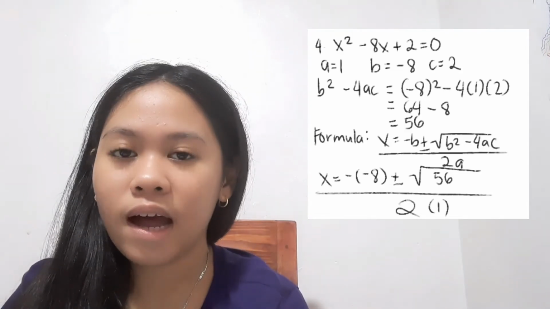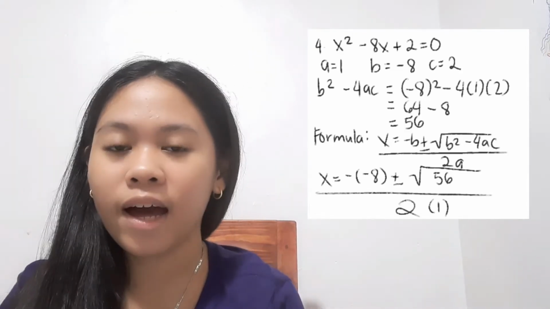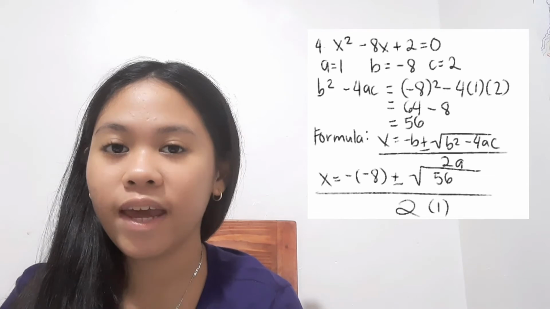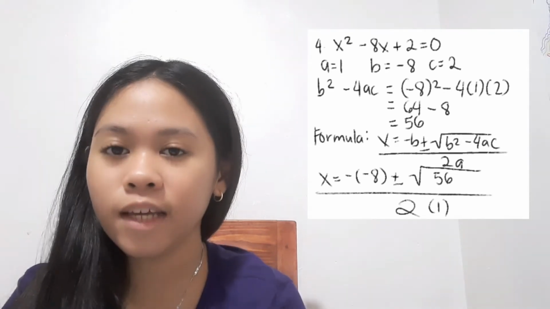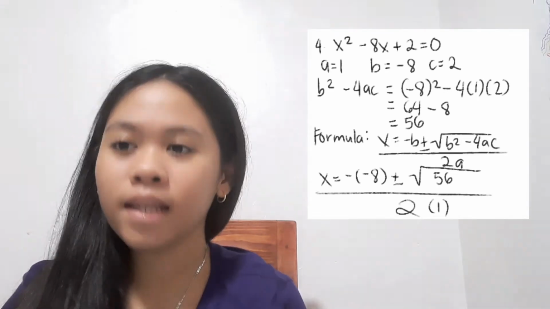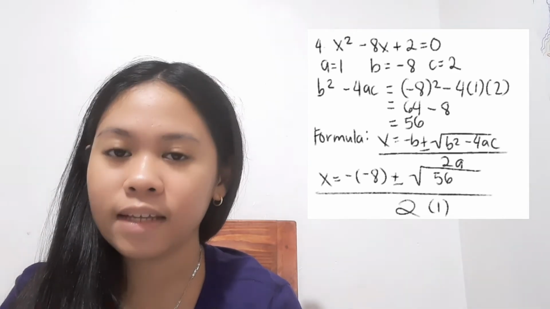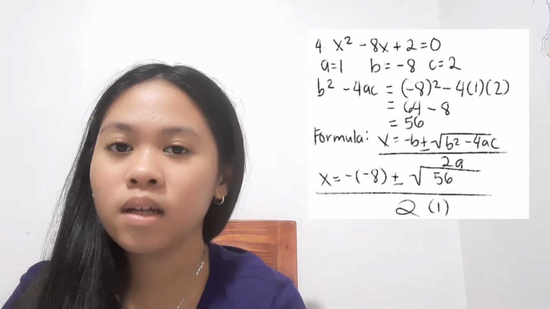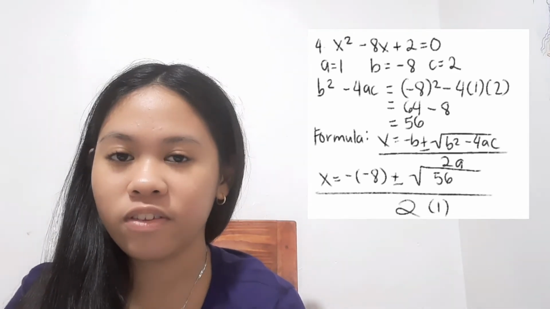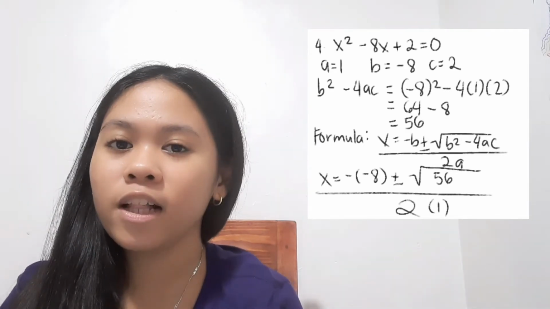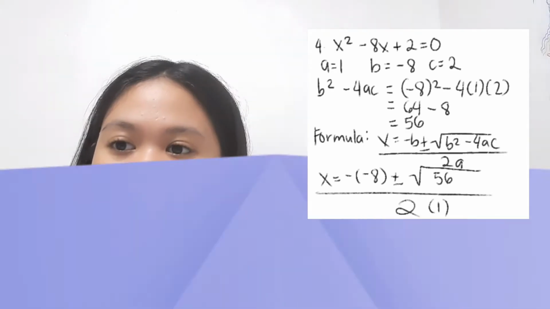And now for our other problem, we have x squared minus 8x plus 2 equals 0. Let us take the value of a, which is 1, the value of b, which is negative 8, the value of c, which is 2.